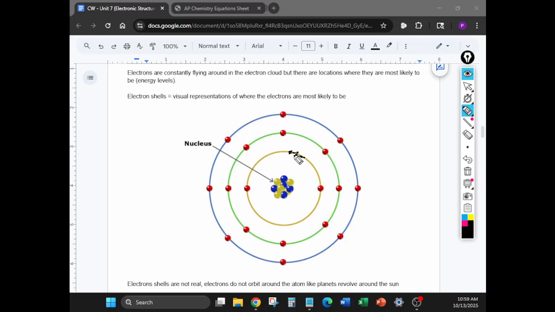And that's why we draw shells. It just shows us where the electrons are most likely to be. It's also just a nice way to draw it, and it's easy to visualize. But the key thing is that these shells are not real. They're not really locked into these orbits. This is just a mathematical representation to show where electrons are most likely to be. Okay.